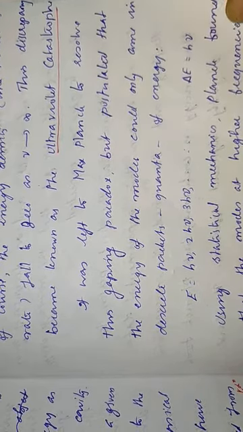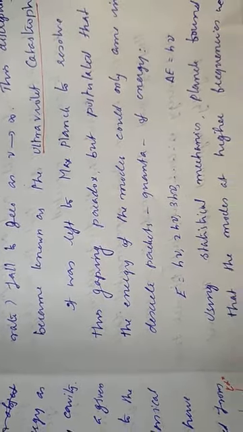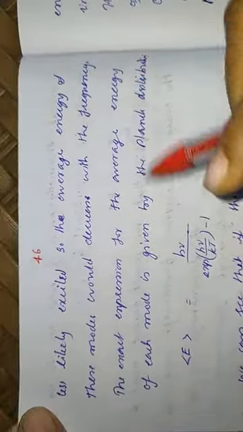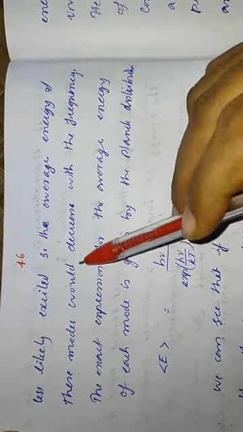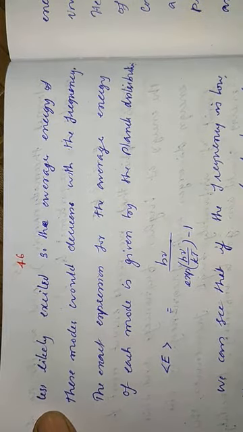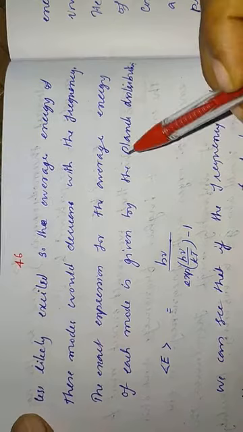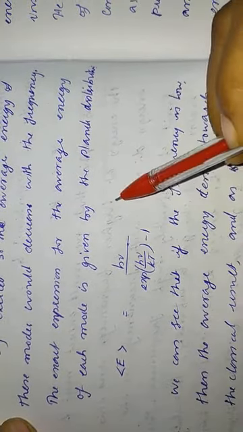Using statistical mechanics, Planck found that the modes at higher frequencies were less likely to be excited, so the average energy of these modes would decrease with frequency. The exact expression for the average energy of each mode is given by the Planck distribution.